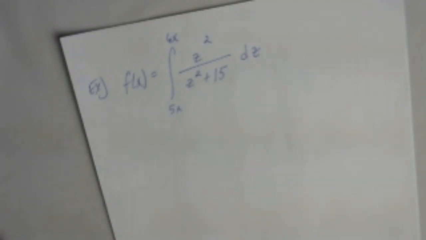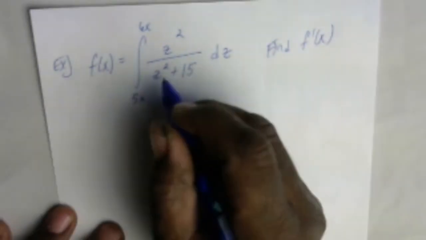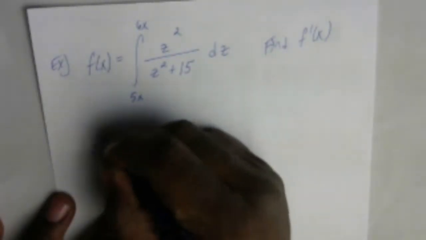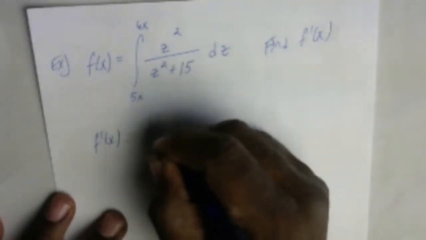All right, so we're going to go through that same process. We're asked to find f prime of x. So I'm going to take the derivative with respect to x on both sides. On the left-hand side, I have f prime of x.